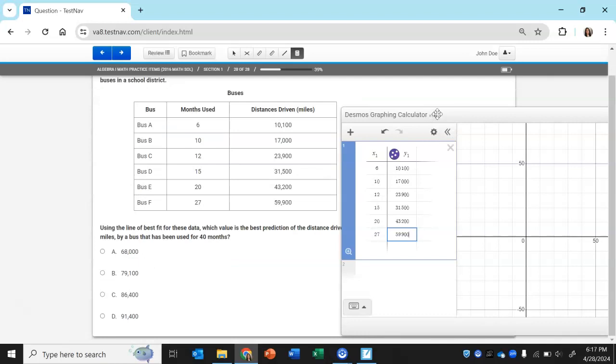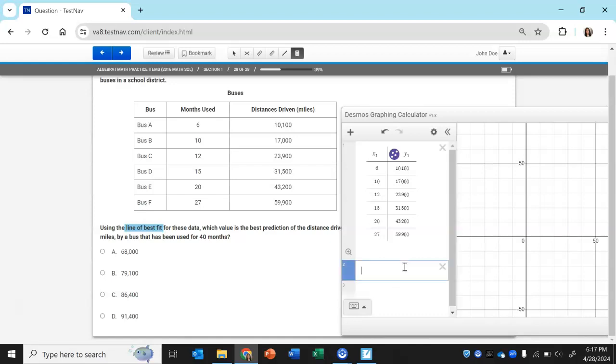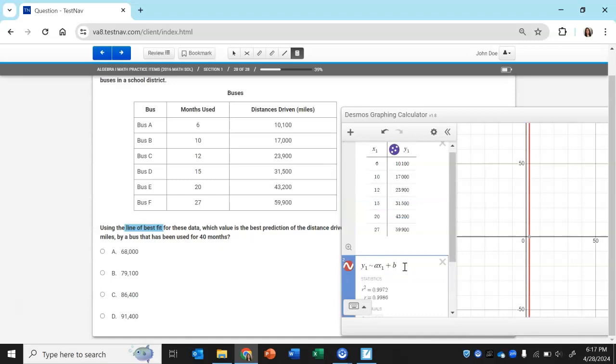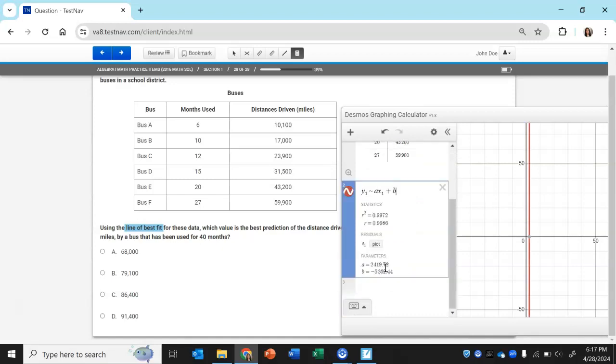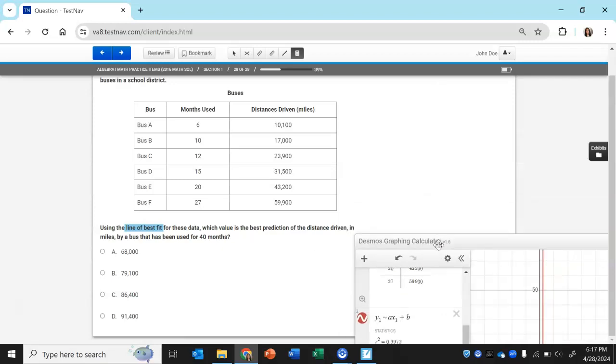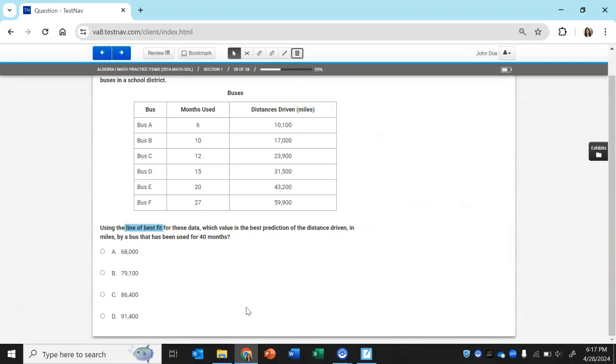All right, using the line of best fit, which has a different formula for this data, let me put that in. So that's y1 regressed against ax1 plus b, and I have my a and b right there. Which value is the best prediction for the distance driven in miles in 40 months?